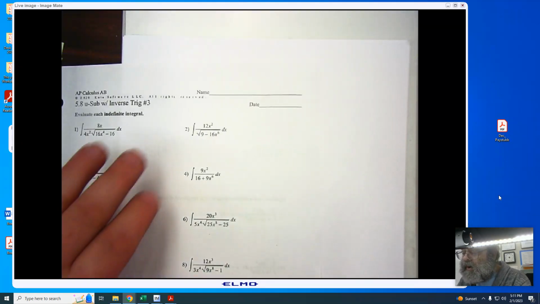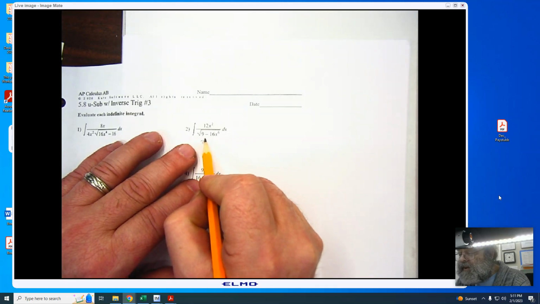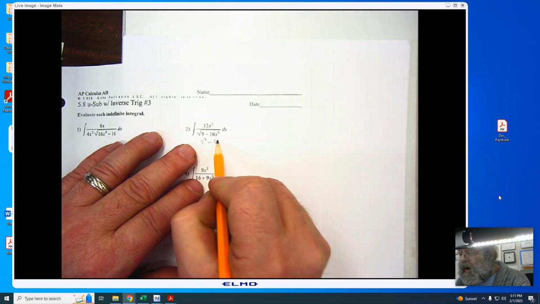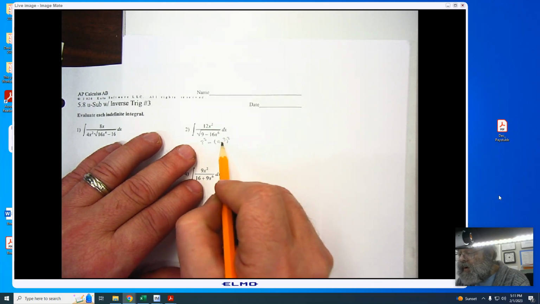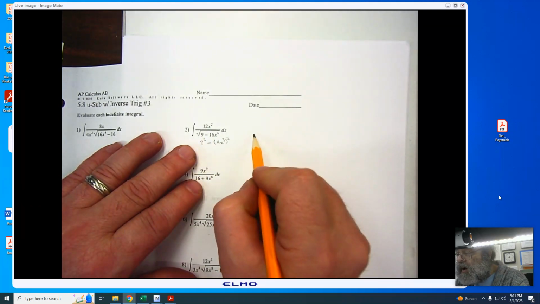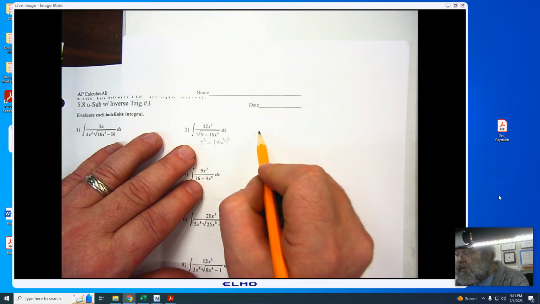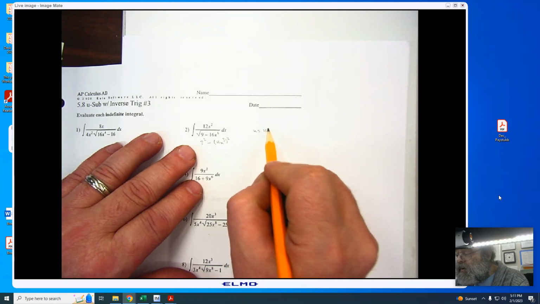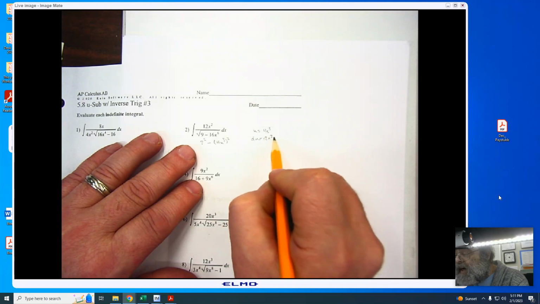So we're going to be starting with number 1. What I want you to notice is that, just as we saw before, we have a 3 squared minus the quantity 4x cubed, squared. When we take the derivative, we get 12x squared for our du. So if I let u equal 4x cubed, then du equals 12x squared dx.